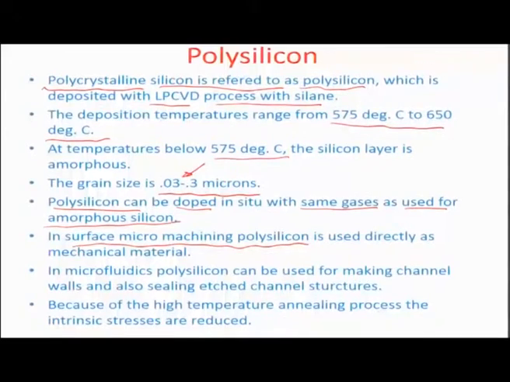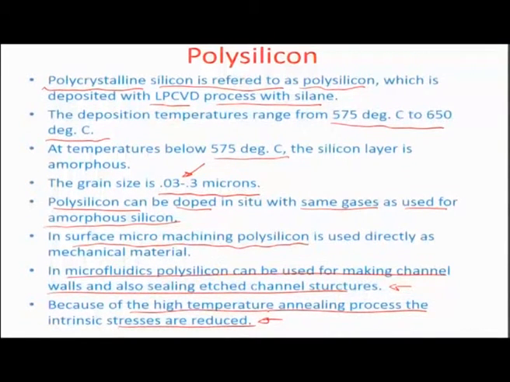So, in microfluidics, the polysilicon can be used for making channel walls and also sealing etched channel structures, and because of the high temperature annealing process, the intrinsic stresses are reduced, and so one can expect mechanically more robust material, particularly ones which are crystallized at a higher annealing temperature.